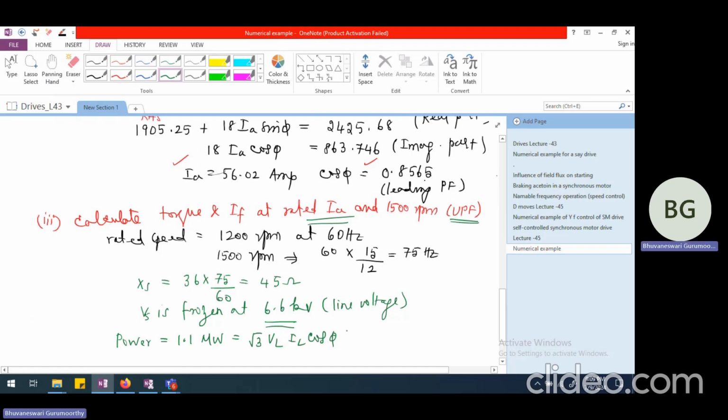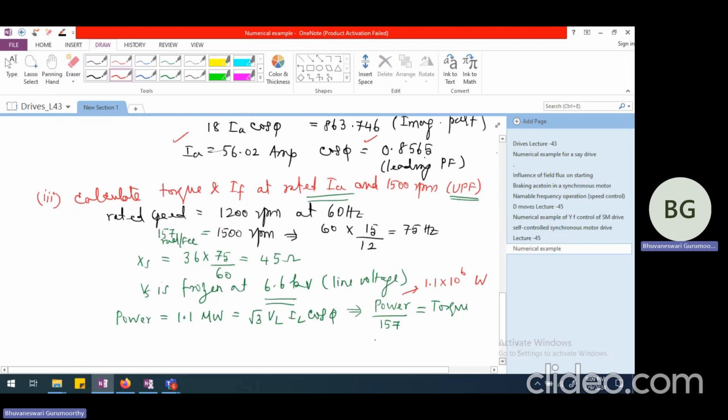Now the torque we can calculate at this point. Power divided by 1500 RPM, which is 157 radians per second, is torque. Power happens to be 1.1 multiplied by 10 power 6 watts.